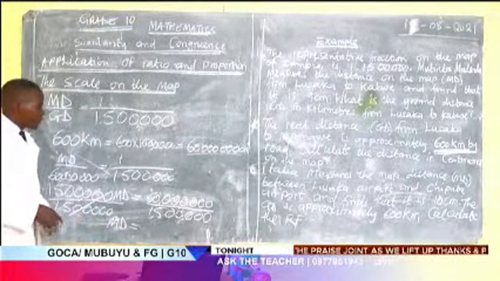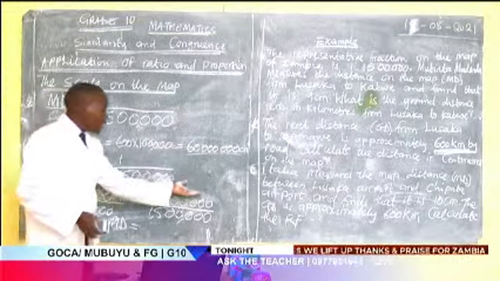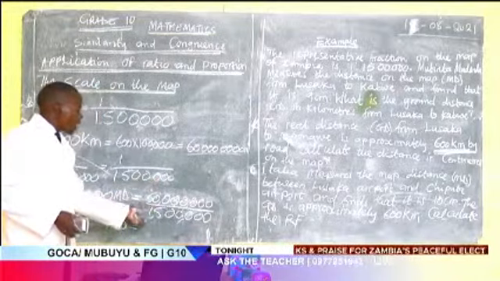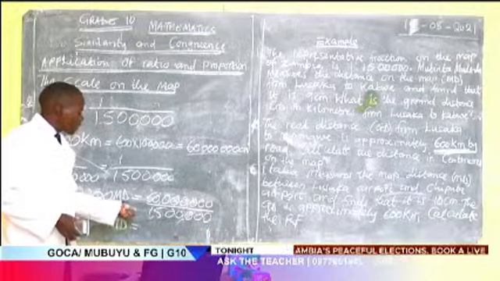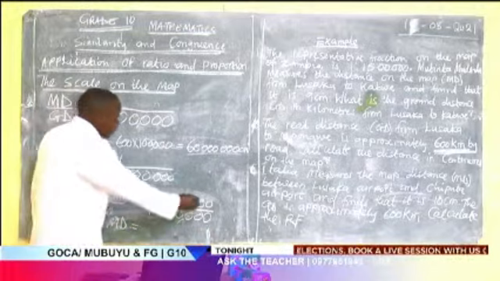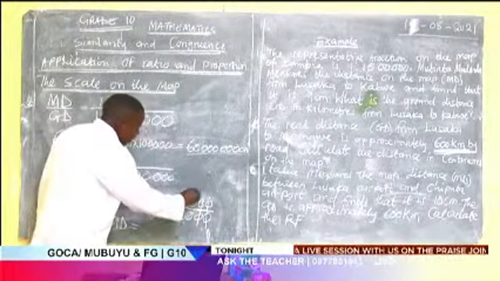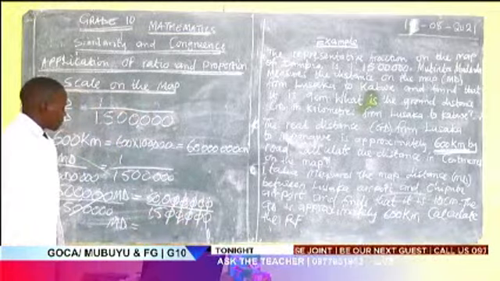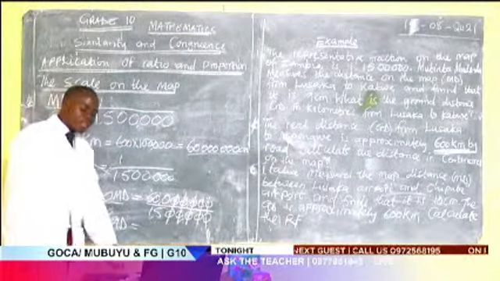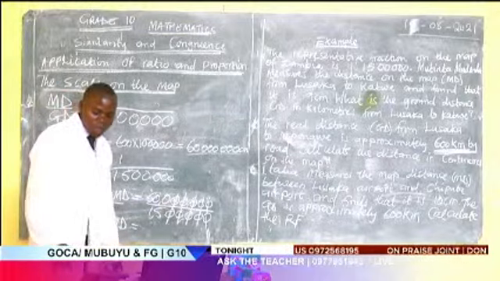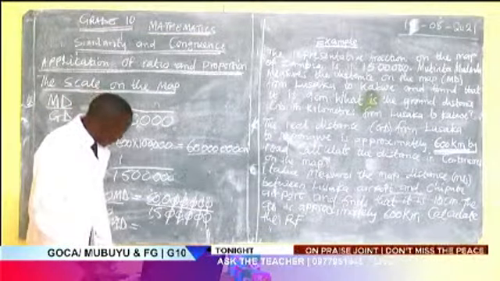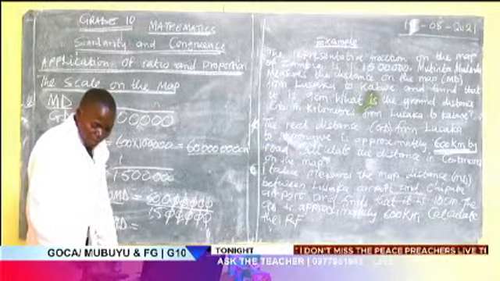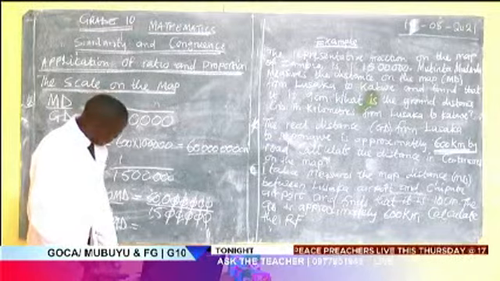On the map. So when you divide 60 million by 1,500,000, you cancel the number of zeros. So you are going to remain with 600 divided by 15. So you get your calculator, 600 divided by 15.